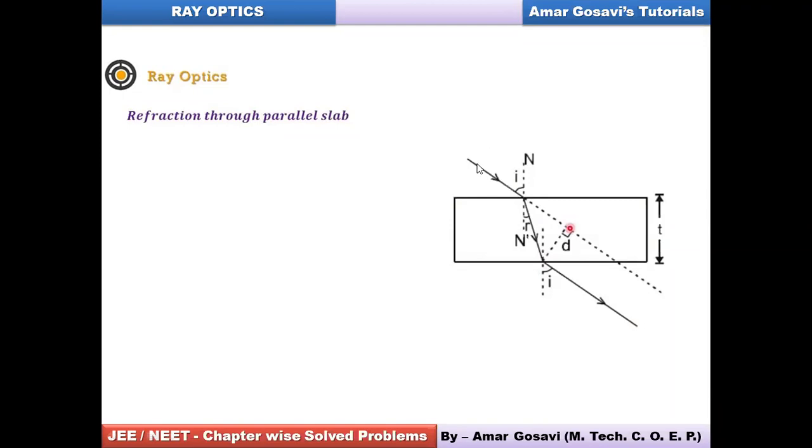So the ray of light is moving from air to glass. So obviously, instead of going like this, as shown by the dotted line, it bends towards the normal, thereby making R as angle of refraction. All right. And then again, it is incident at this point.